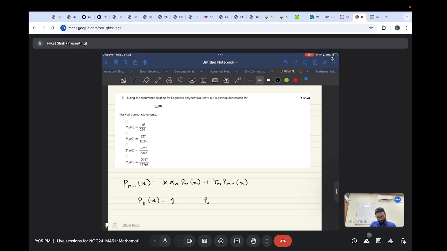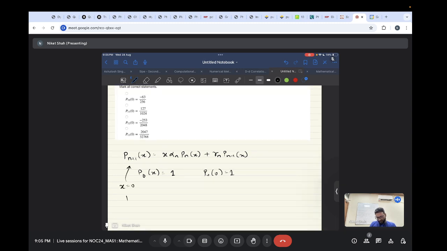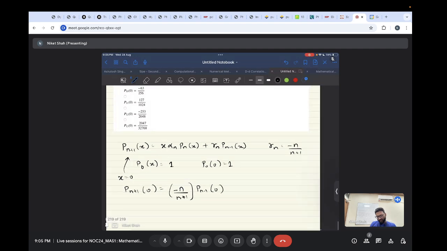So P0 of 0 also is equal to 1. Now putting x equal to 0 in this recurrence relation, what I get is Pn plus 1. By the way, gamma n also has some form, right? Gamma n is minus n divided by n plus 1. So Pn plus 1 of 0 is equal to, the second term becomes 0, and what I have is minus n divided by n plus 1 times P of n minus 1 of 0. This is the relation we end up with.